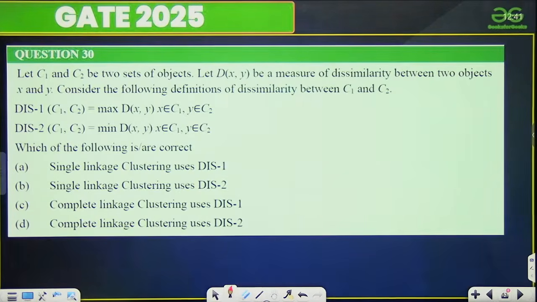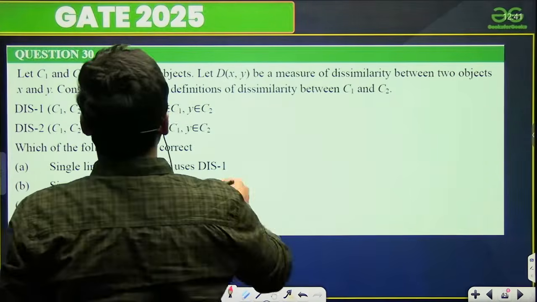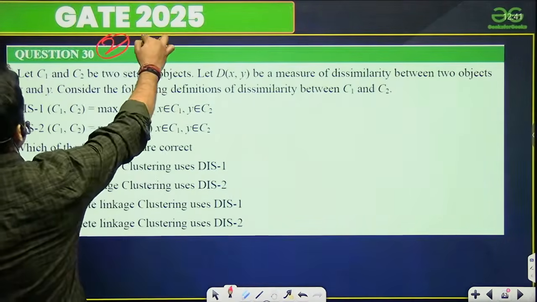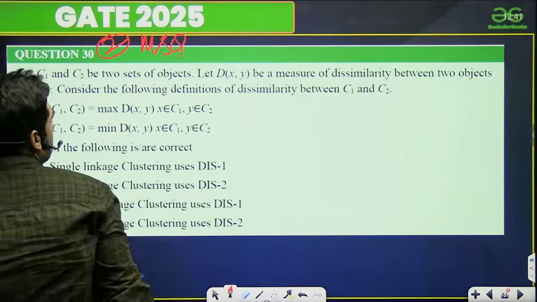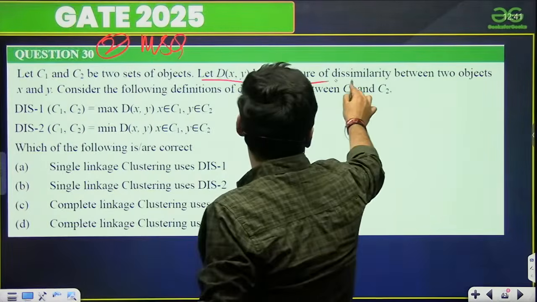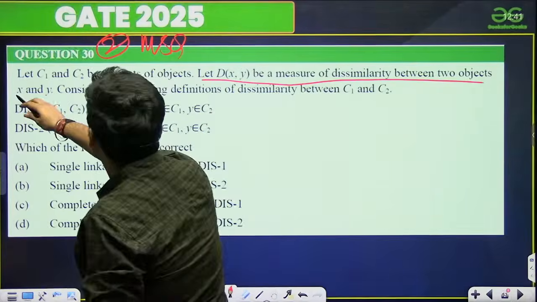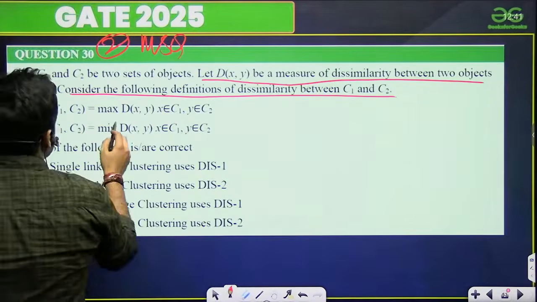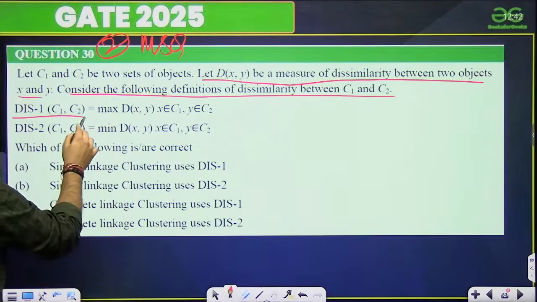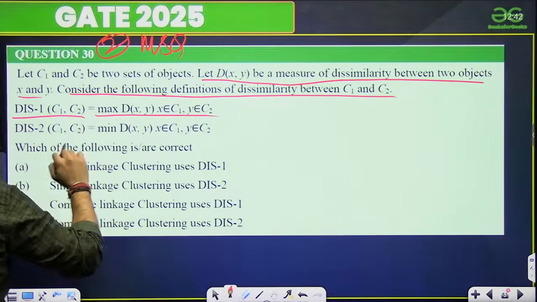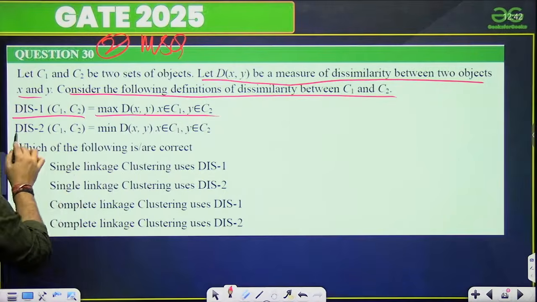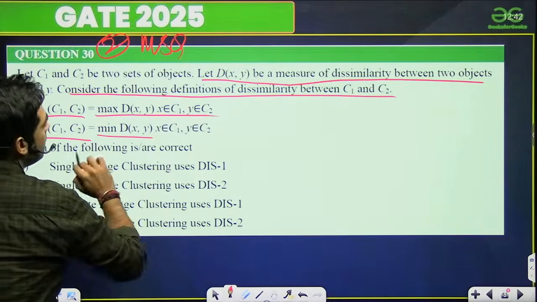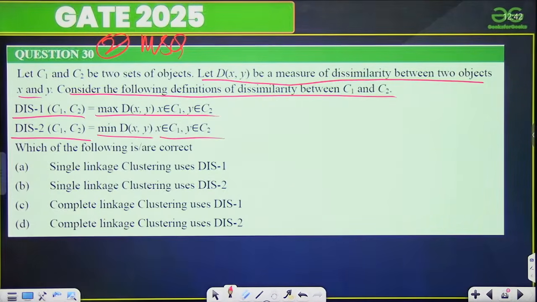Very simple, no? See, he says that C1 and C2 are two sets of objects. This was a 2 mark MSQ question. He says dxy is a measure of dissimilarity between two objects x and y. Consider the following definitions of dissimilarity between C1 and C2. Distance 1 between C1 and C2 is the max of dxy where x belongs to C1, y belongs to C2. Distance 2 is the min of dxy where x belongs to C1, y belongs to C2.